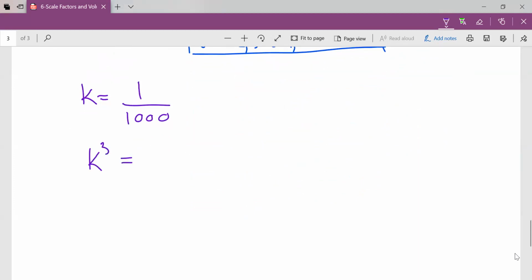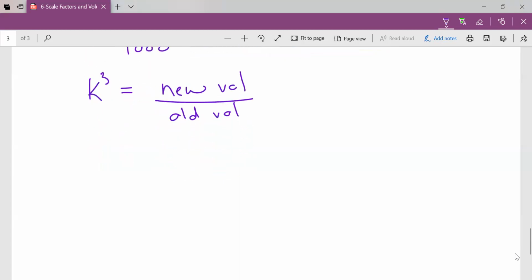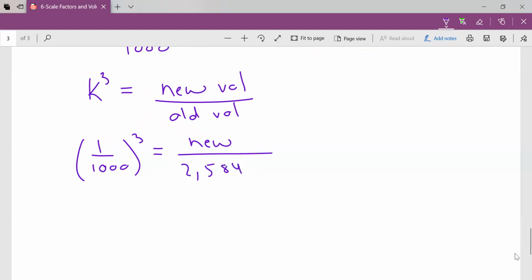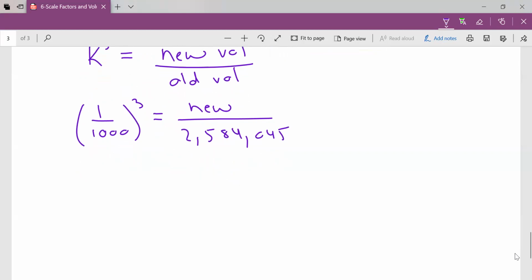K cubed is equal to new volume over original or old volume. Well, we know our scale factor now is 1/1,000. Our new volume is what we're looking for, so I'll just leave it as new. Our old volume was 2,584,045 meters cubed.